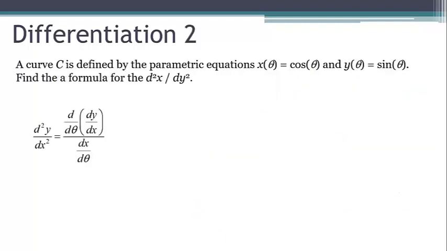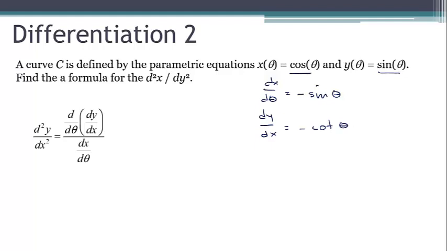All right, so the equations here are the same as in the previous slide. So we know that dx/dθ is minus sine theta, and we know that dy/dx is minus cotangent theta.